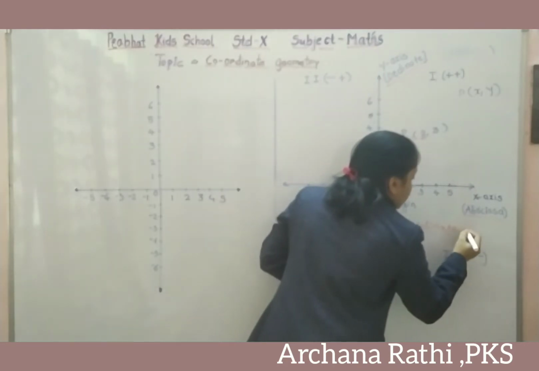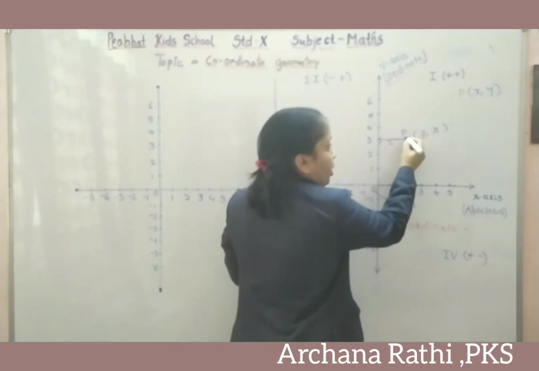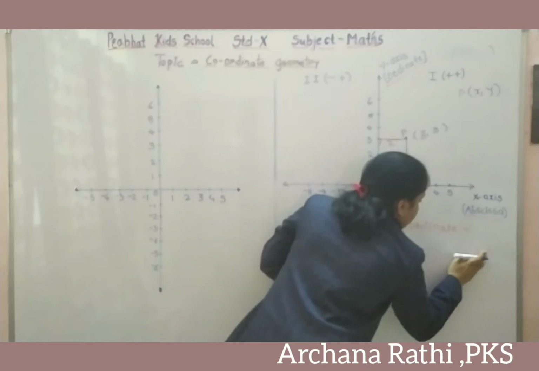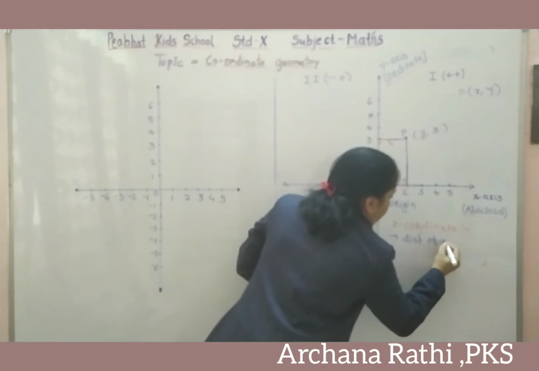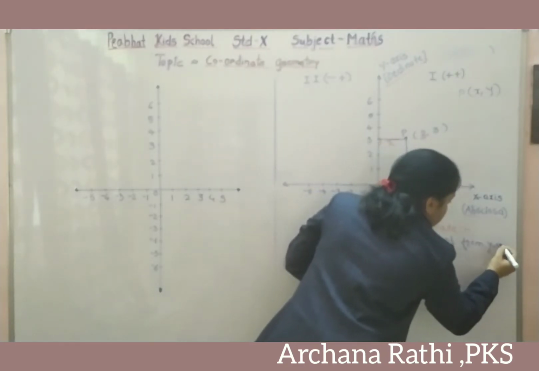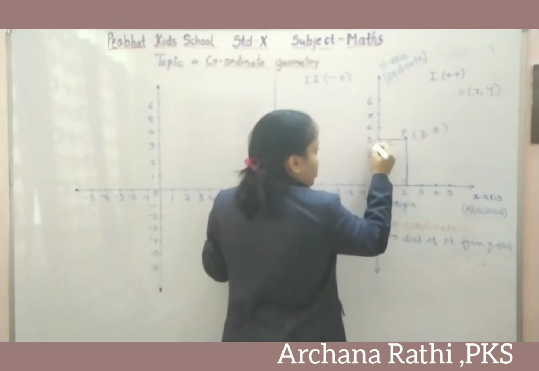How to define the x coordinate in terms of distance? It is the distance of the given point from the y-axis. The x coordinate is nothing but the distance of the point from the y-axis.